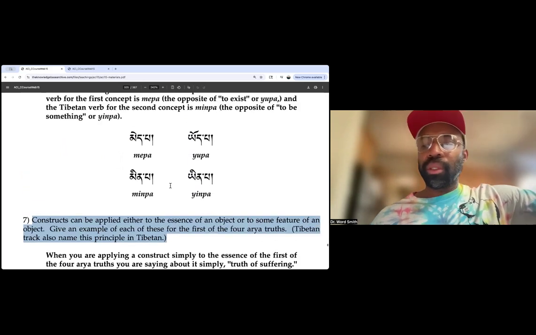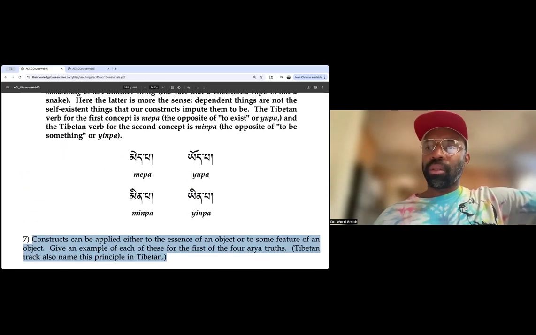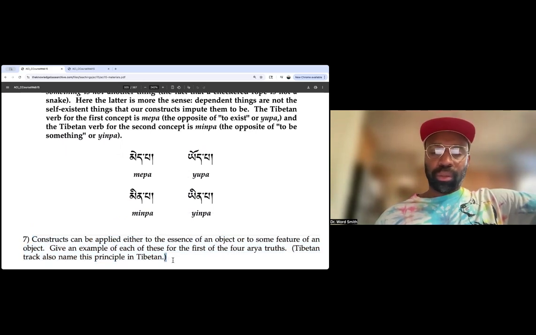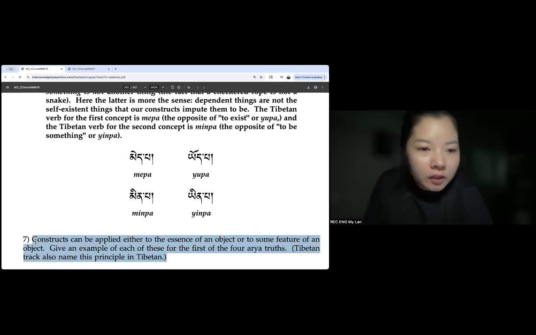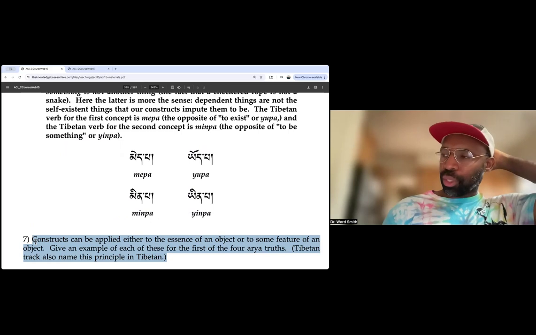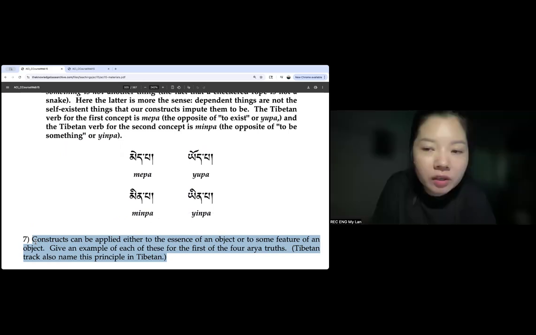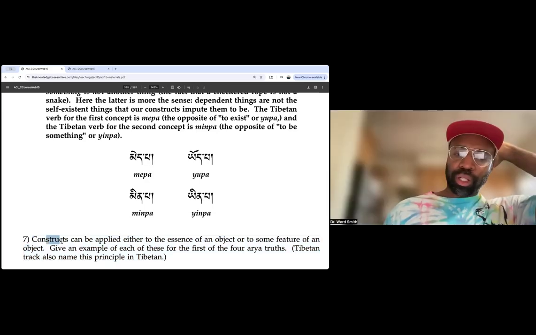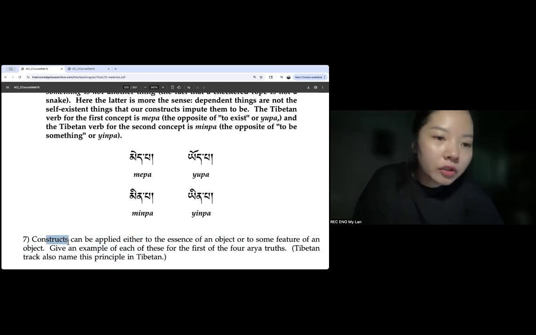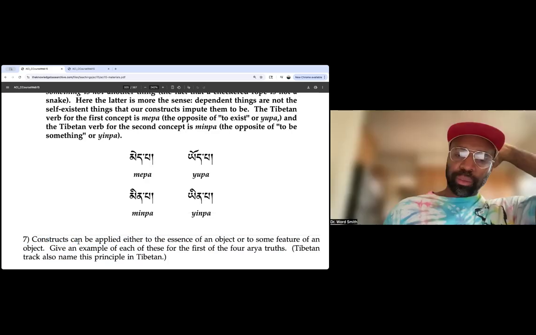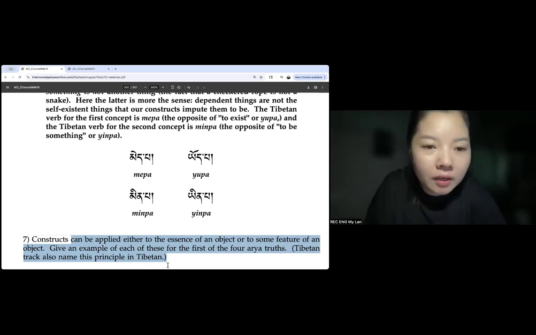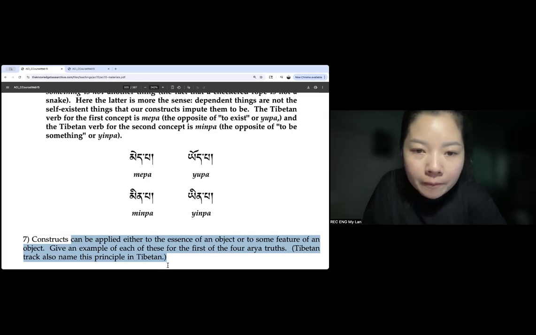All right, good job, Lynn. Milan, please read this. Yes, contrast can be applied either to the essence of an object or to some feature of an object.